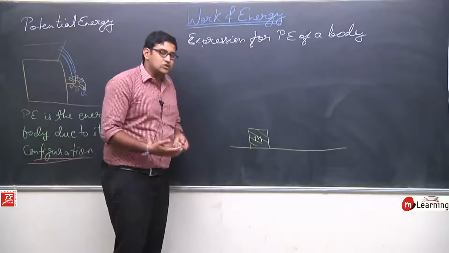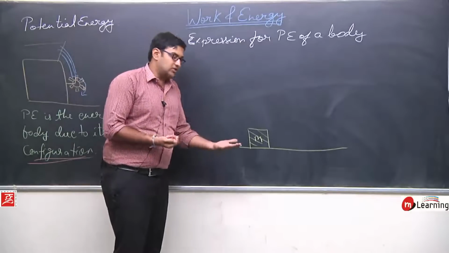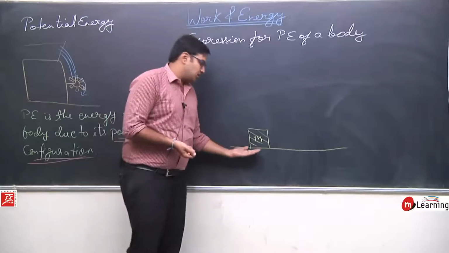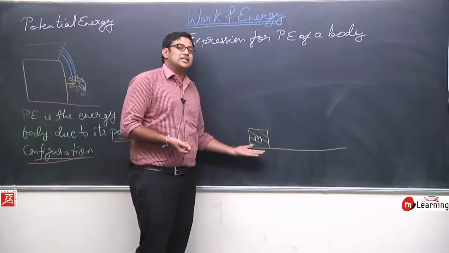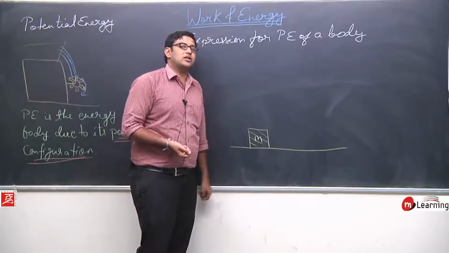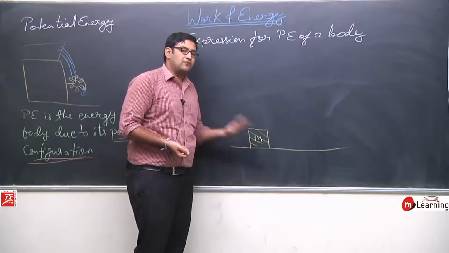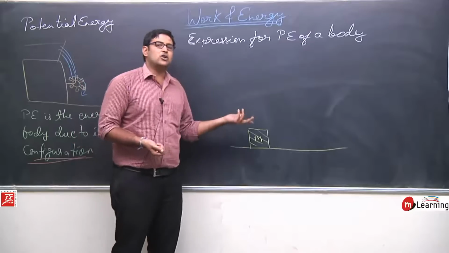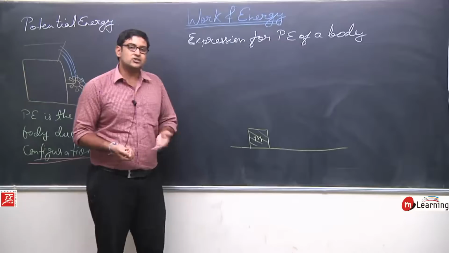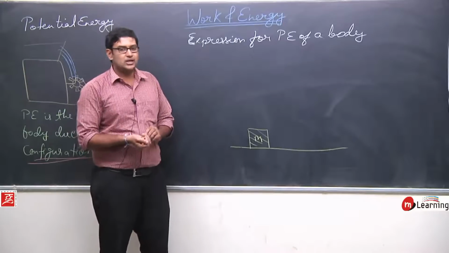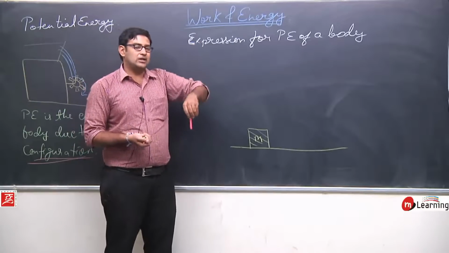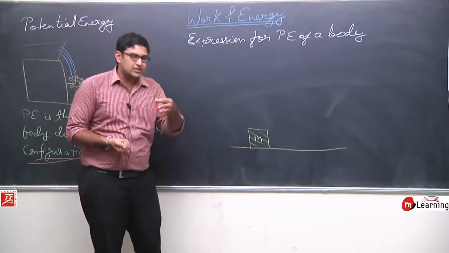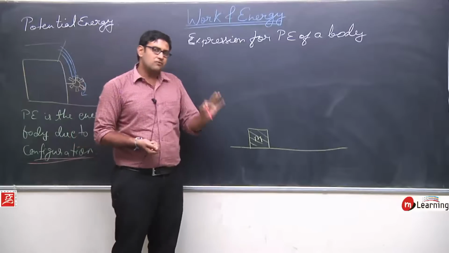So let's assume that when the chalk is on the ground, or when any object is on the ground, we will say its potential energy is 0. It does not have any potential energy, because if you drop it, what will happen? It will not get dropped, it will not move, because it is already on the surface. For example, this chalk, if I drop it, it will fall on the surface. Now will it fall inside the surface? No, it will only fall on the surface.